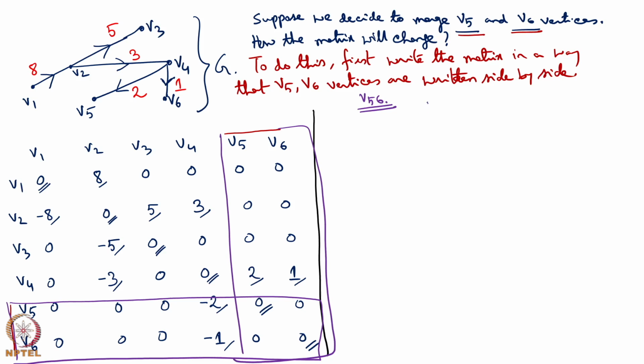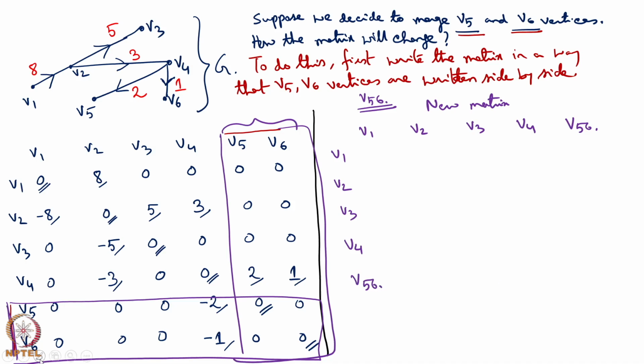So the new matrix can be written in this way: V1, V2, V3, V4 and then V56, and here V1, V2, V3, V4 and then V56, because these two vertices will be merged.